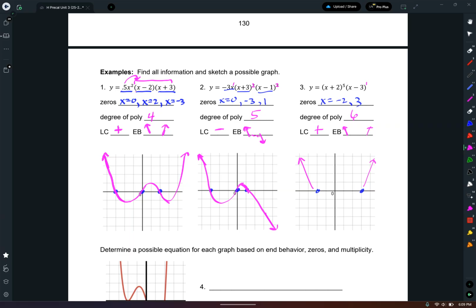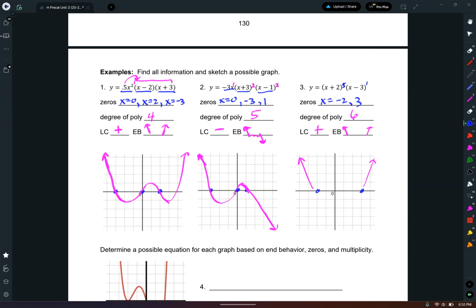Now, notice that, oh, you know what? I just realized I made a mistake on the last one. Well, let me finish this and I'll go back and fix the last one. Ooh, sorry about that. Okay. On number 3, I have an odd degree on the x plus 2 right there. And I have an odd degree on this one.